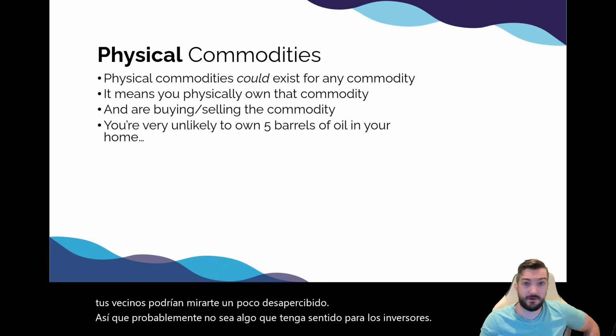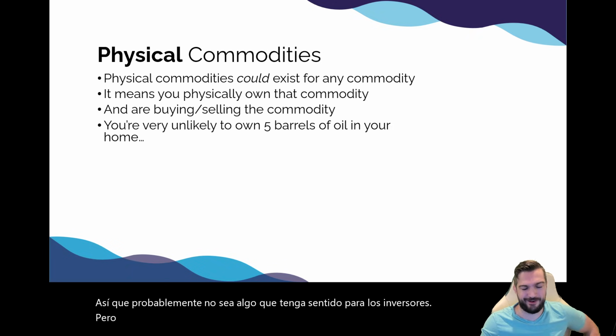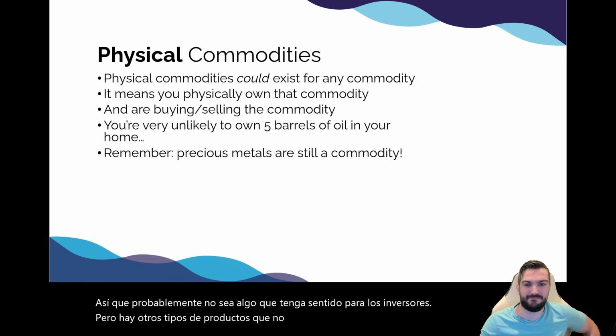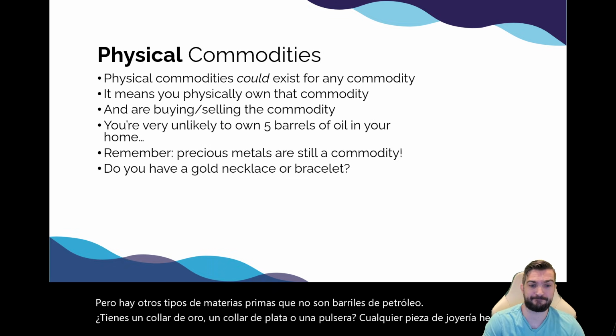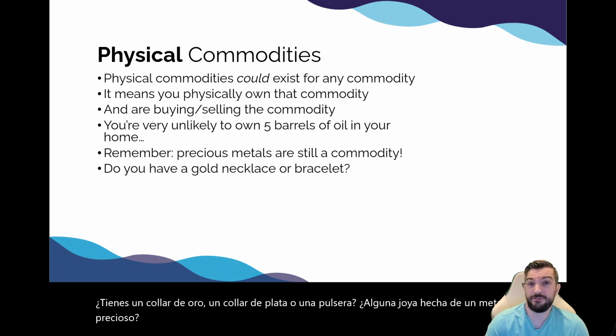But there are other types of commodities that aren't barrels of oil, like precious metals. Do you own a gold necklace, a silver necklace, or a bracelet? Any piece of jewelry made from a precious metal? The answer is probably, right?